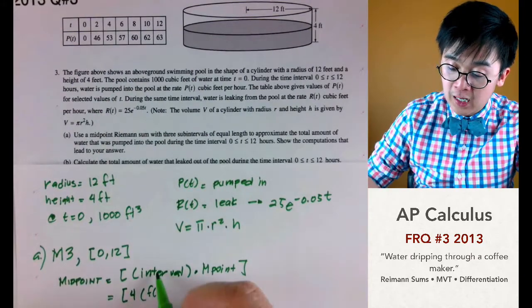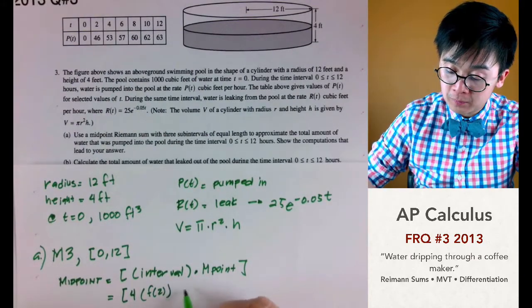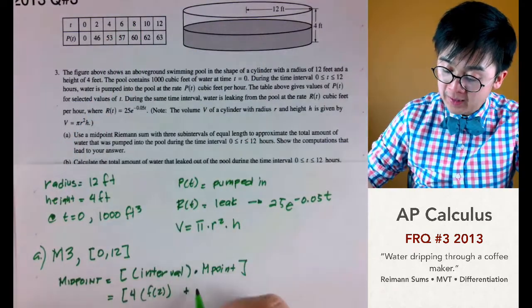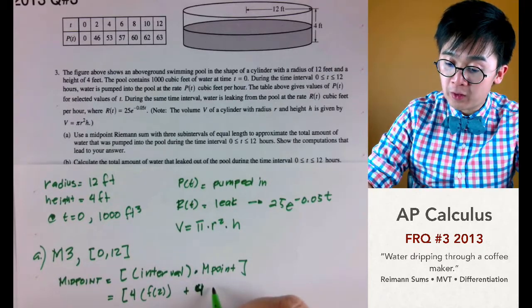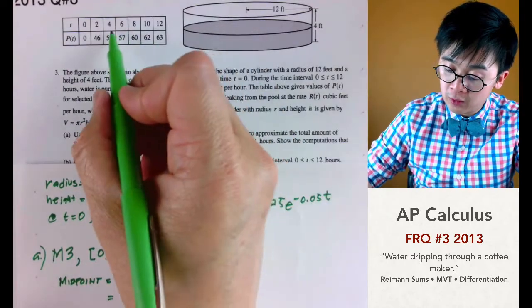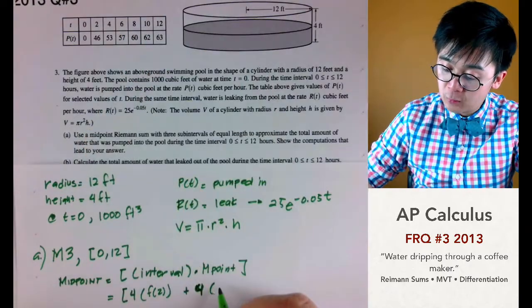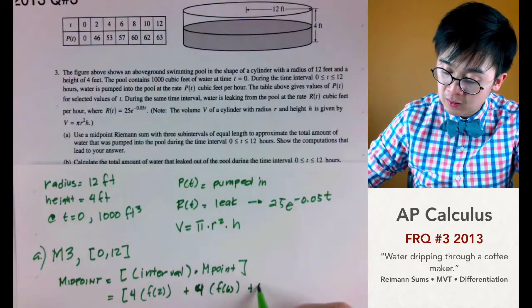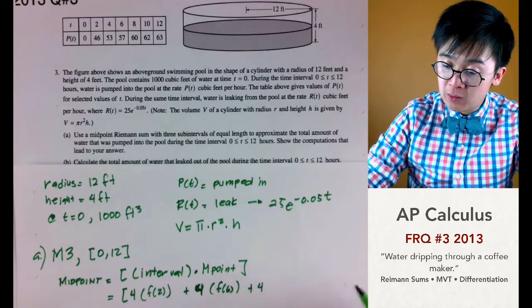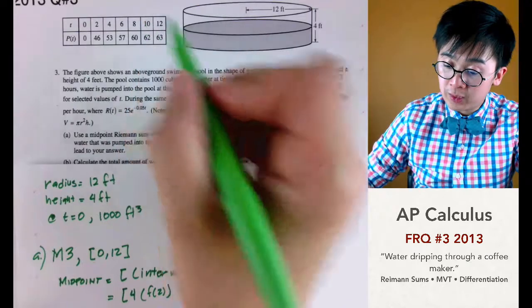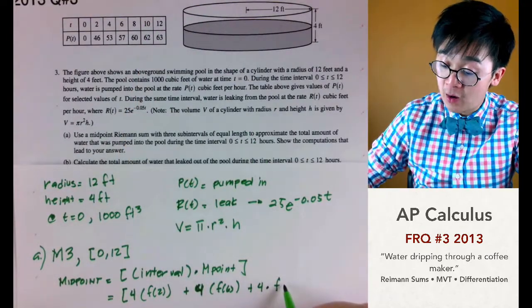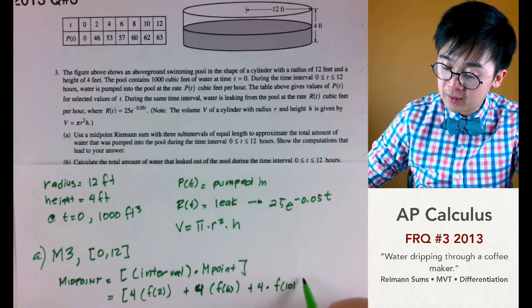So we have 4 times the midpoint at f of 2. Add it with from 4 through 8, which is also 4, and we're using the midpoint between 4 and 8, which is f of 6. Plus from 8 through 12, there's also 4 units, so we multiply this with f of 10, which is the midpoint.